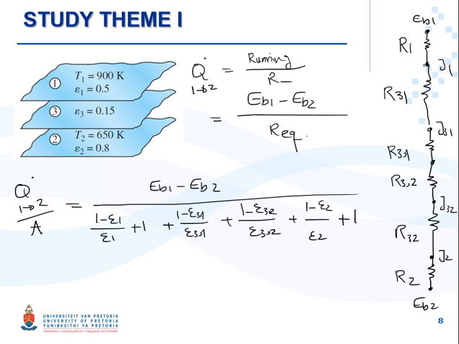Now if we have all the emissivities, we know that this is sigma T1 to the power of 4 minus T2 to the power of 4.